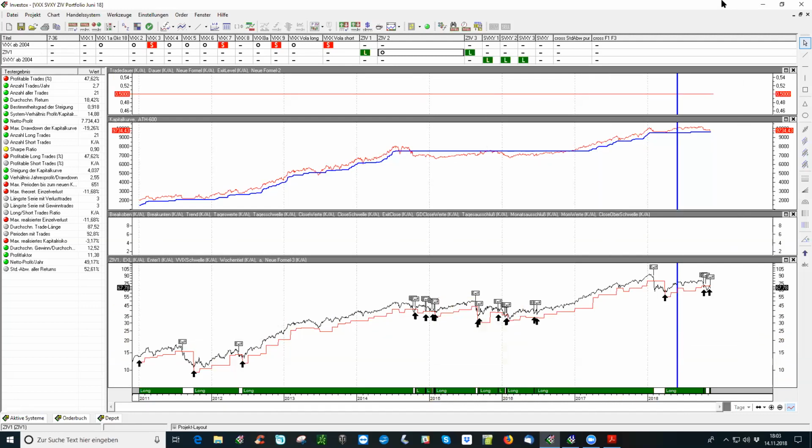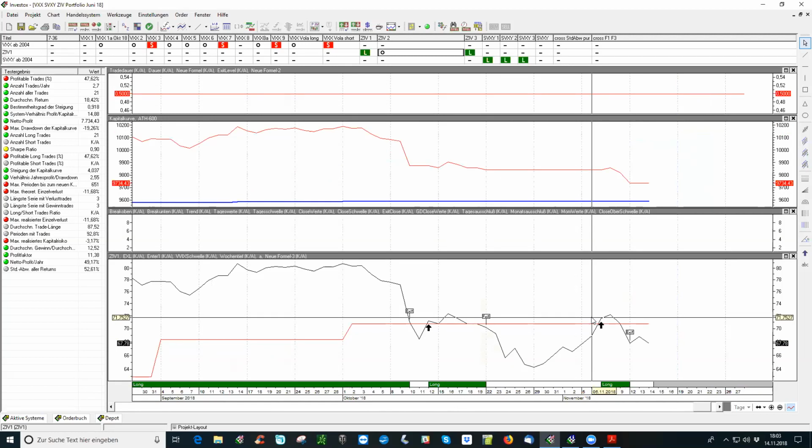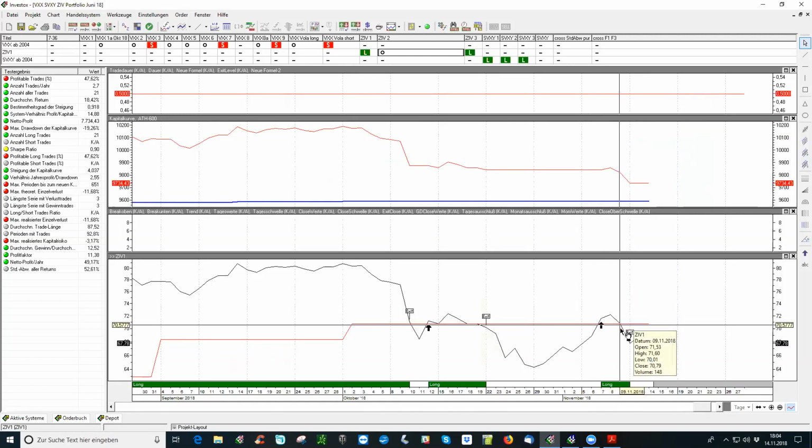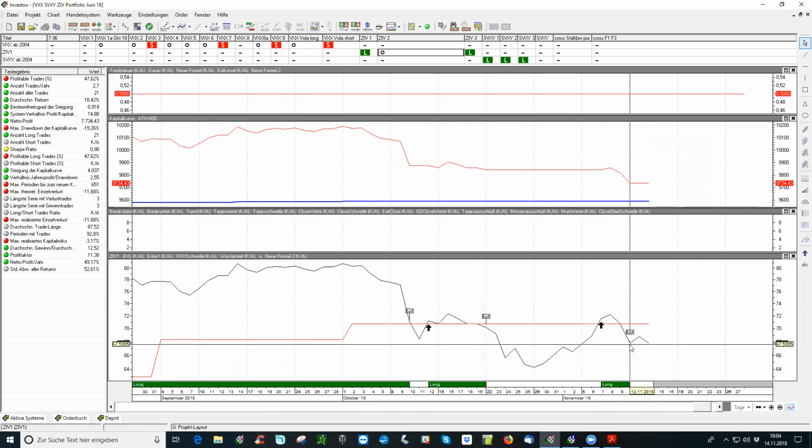But every day I send an SMS if I expect a signal, if there is a level which has to be crossed or not. For example, here you see I will tell if I am at the end of day below this level, I will go out, and here I did.